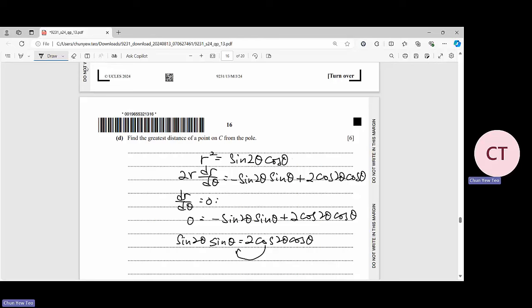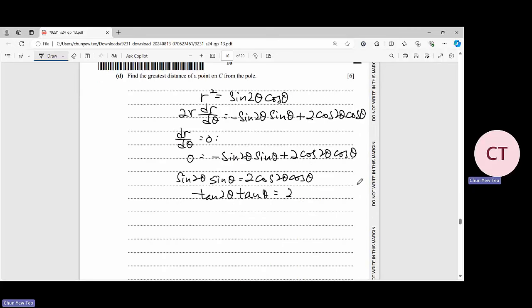Divide it over here, then you get tangent. So you will get tangent 2 theta tangent theta equal to 2. Using the double angle formula for tangent, you get 2 tangent square theta divided by 1 minus tangent square theta, equal to 2. Then just try to simplify these equations. The 2 can cancel.